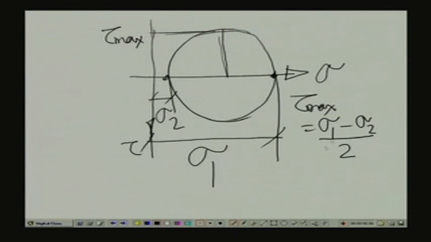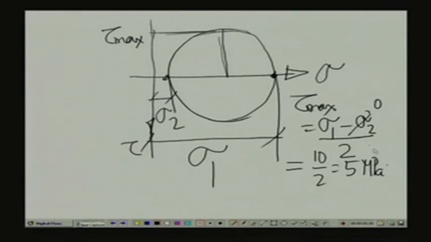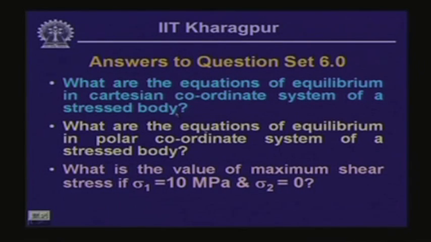In the given problem sigma 2 is 0 and sigma 1 is 10, thereby maximum shearing stress is 10 by 2, that is 5 MPa. So, these are the three questions which I posed, and the answers are as defined.